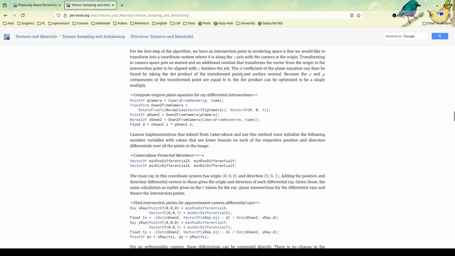The additional rotation that transforms the vector from the origin to the intersection point to be aligned with the z-axis finishes the job. The d coefficient of the plane equation can be found by taking the dot product of the transformed point and the surface normal.